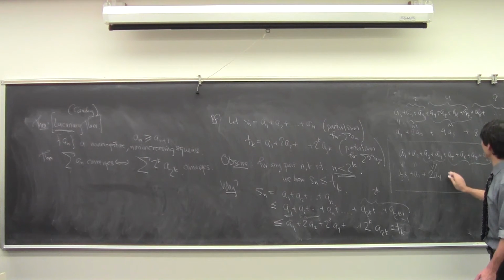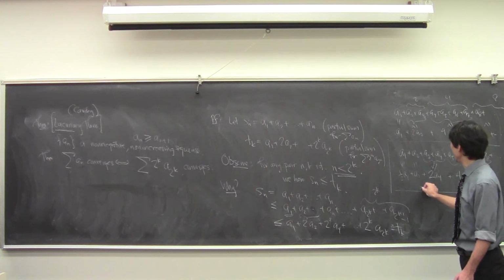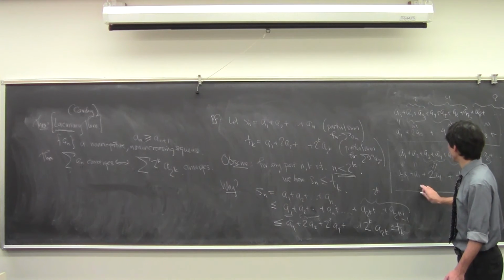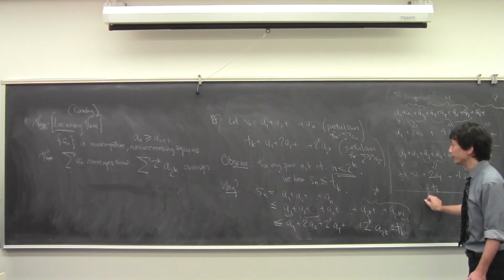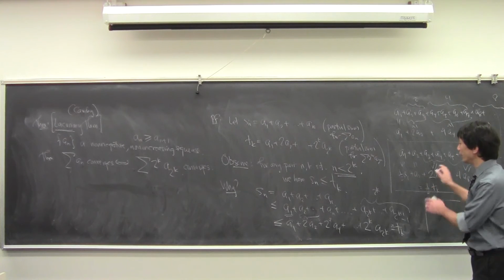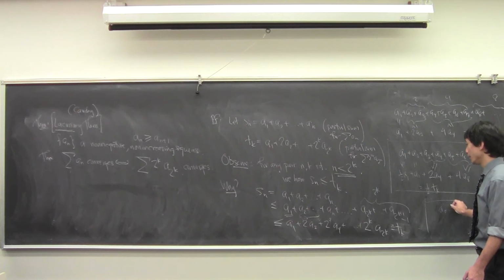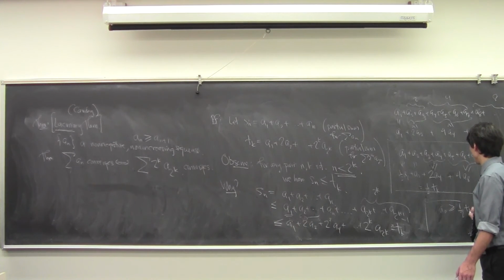This thing is bigger than 4A8, and so on and so forth. And you see what you get would be 1/2 T sub k. So you get the other side, A sub n, with the right n and k, A sub n is bigger than 1/2 T k.